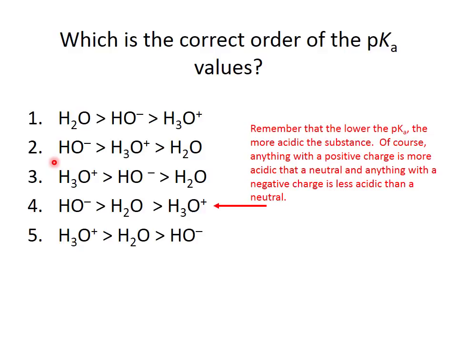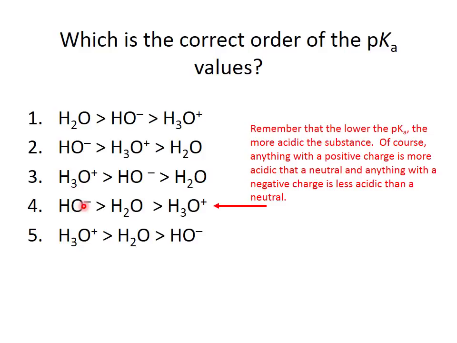Okay, if I look at these molecules, I can put them in order of acidity quite easily. And once I put them in order of acidity, their pKa values are going to decline as they become more acidic. So if I look at the least acidic of any of these, it's going to be hydroxide.